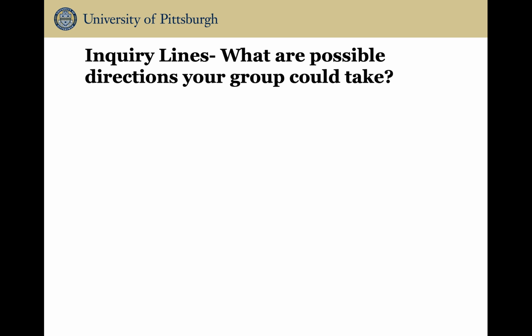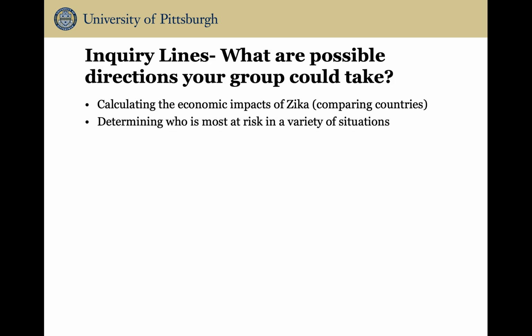And so as they took on these different roles, the students then thought about the possible directions that their group could take. And so they thought about calculating the economic impacts of Zika, so comparing countries. They thought about determining who is most at risk in a variety of situations. They looked at examining the risk factors to travel to a Zika-infected country.